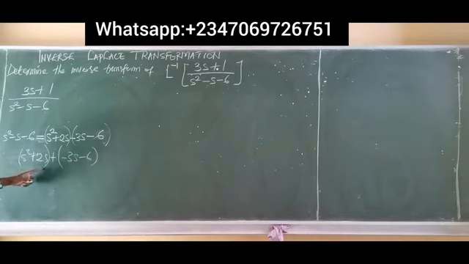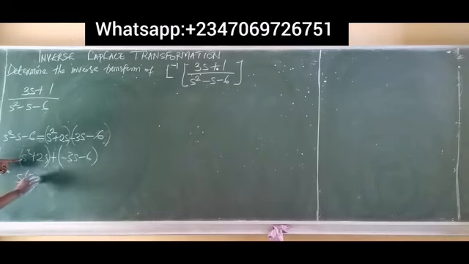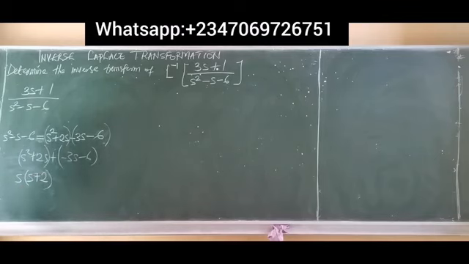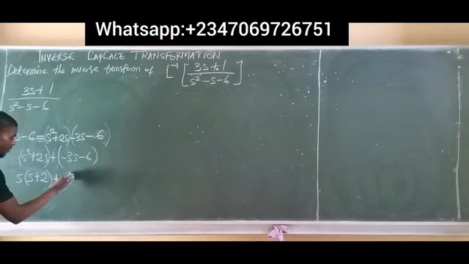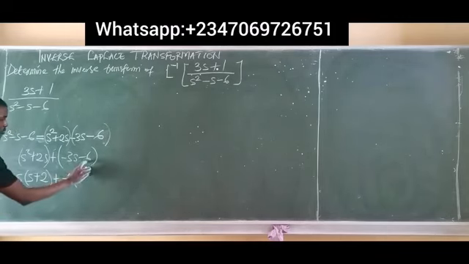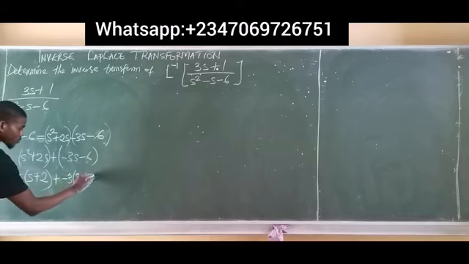Now, between s² and 2s, s is common between the two of them. So I can factor out s, and I'm left with s here plus, if I pull out s, only 2 here. Similarly, between −3s and −6, −3 is common between the two of them. So I can pull out −3, open a bracket, and I'm left with only s here, and if I remove −3 here, I'm left with plus 2.